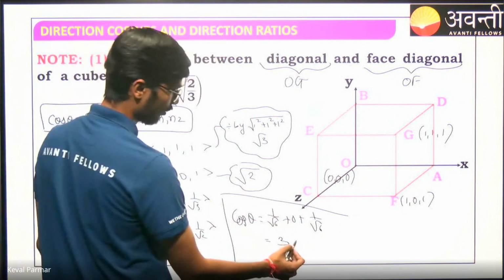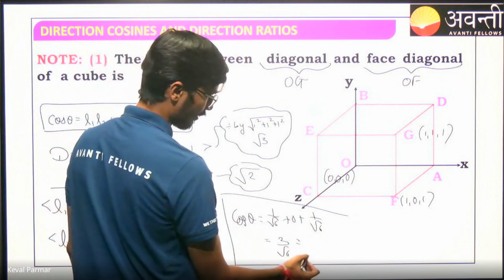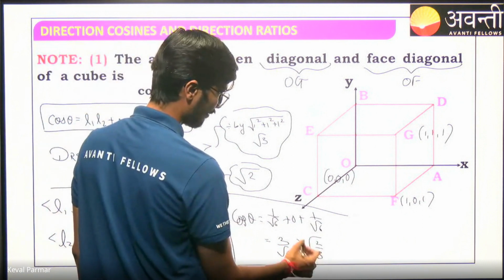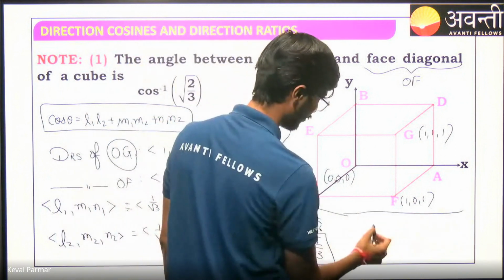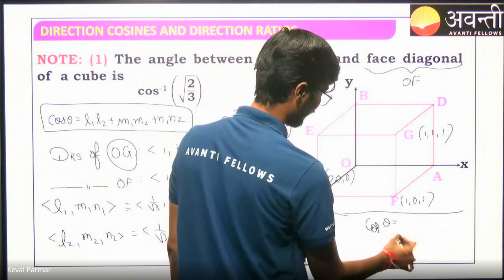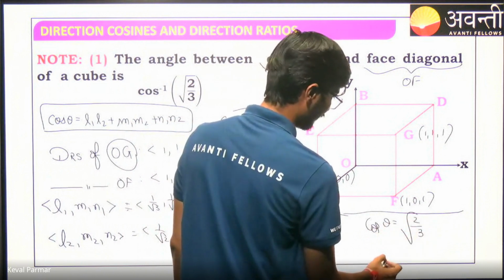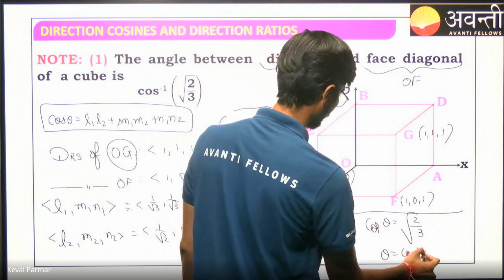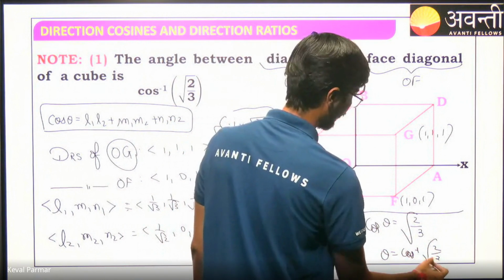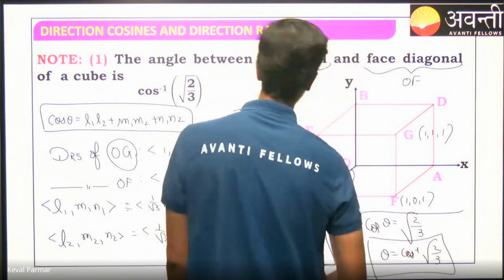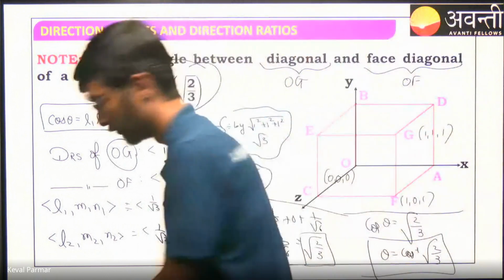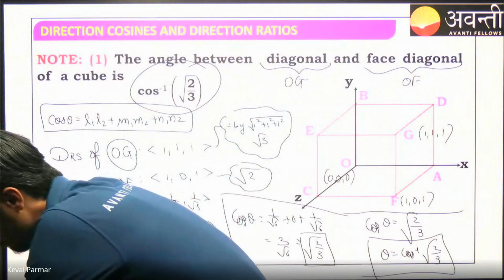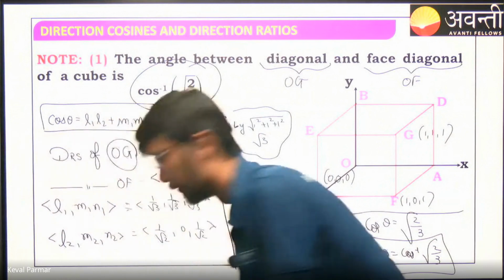I can rationalize it, so I get root of 2 by 3. That means cos theta is under root of 2 by 3, so theta is cos inverse of under root of 2 by 3. That is what we have to prove. All clear till here? Give me a thumbs up, guys.